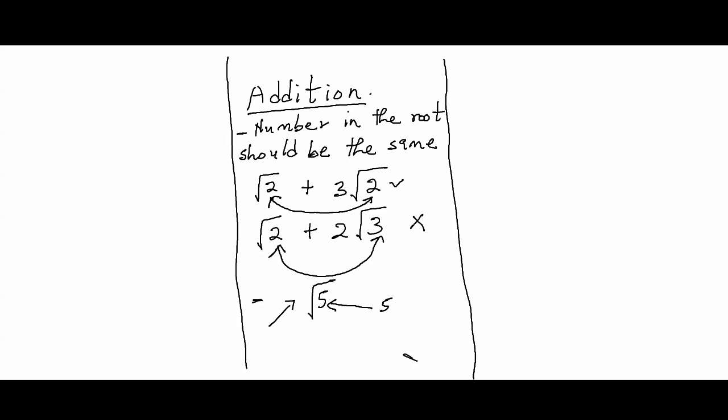Since we don't have anything outside the square root, the number outside the square root is 1. So if a square root is written without a number outside, the number outside the square root is 1. So that is another thing you have to keep inside your head.